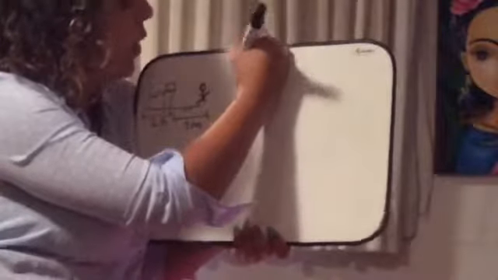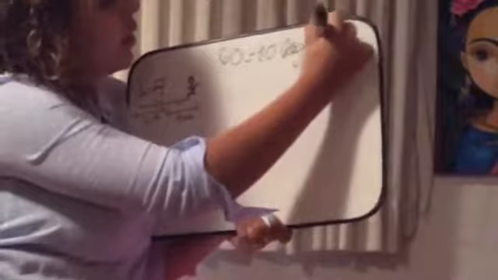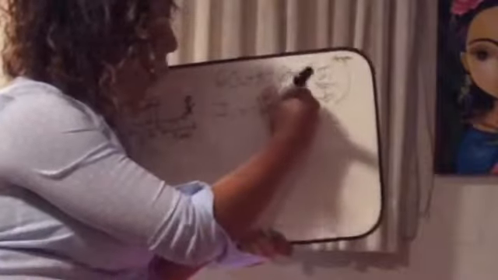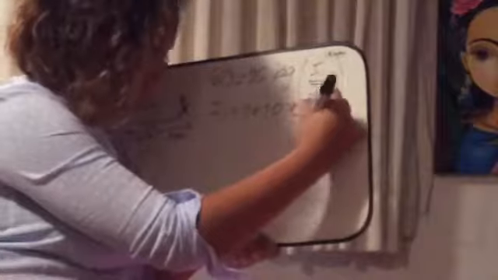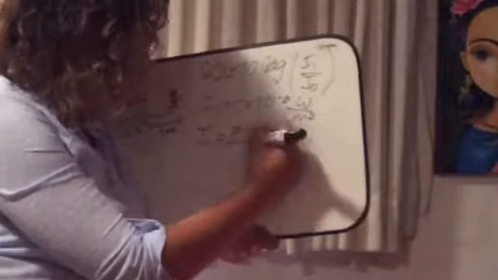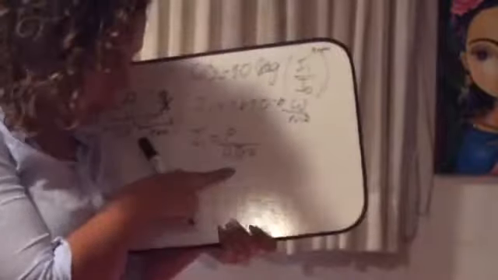So we know that 60 should equal 10 times the logarithm of the intensity 1 divided by the intensity 0, and the intensity 1 should therefore be equal to 1 times 10 to the minus 6 watts per meter squared. This intensity 1 can be substituted in the formula for intensity, which should be equal to the power divided by 4 pi the radius squared.